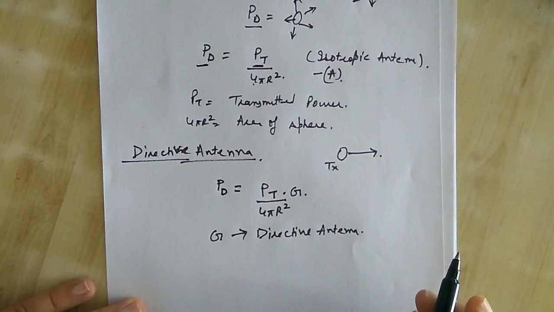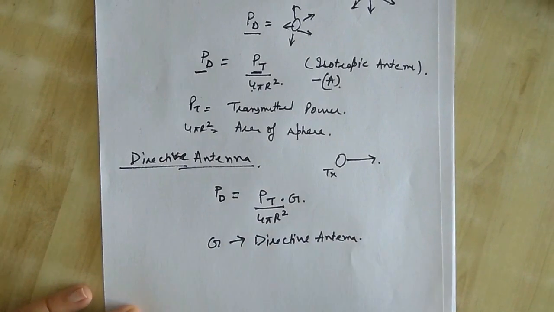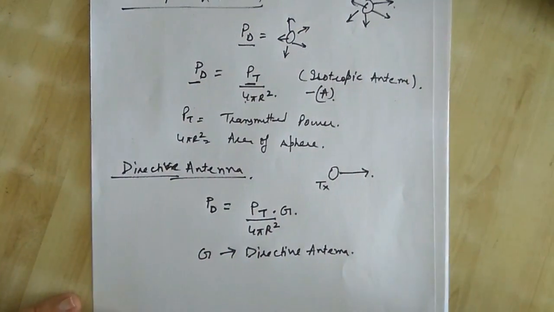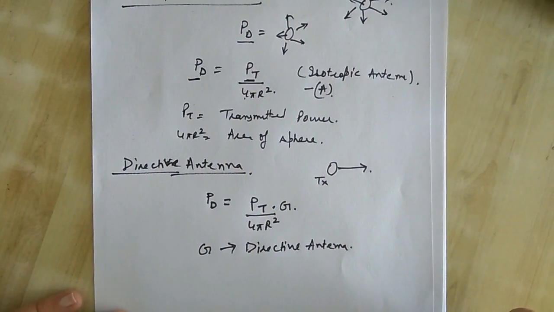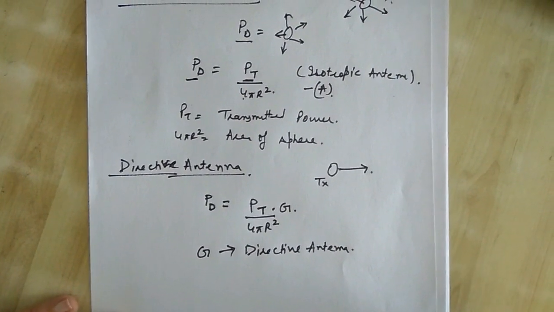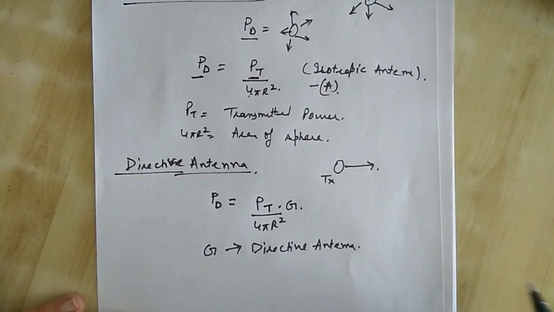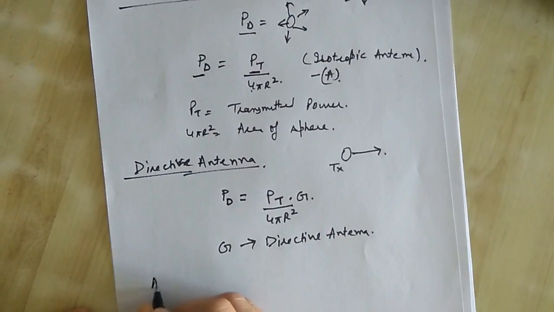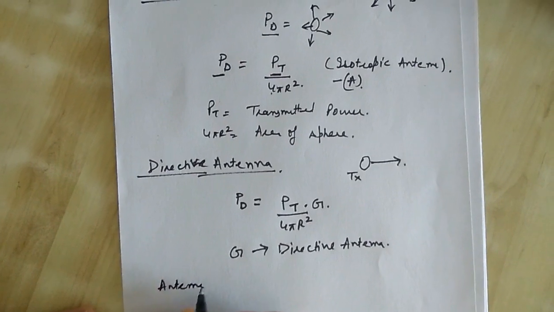Now if we talk about wave propagation, when using any of these antennas, if the wave is propagated through any of the modes, then an attenuation factor is also introduced in this wave propagation.